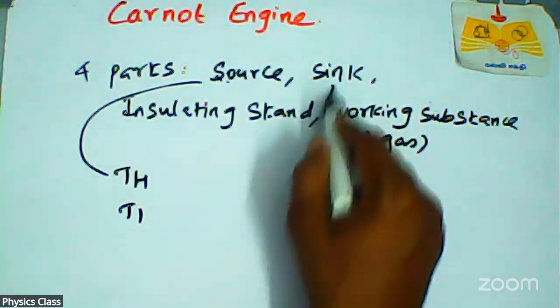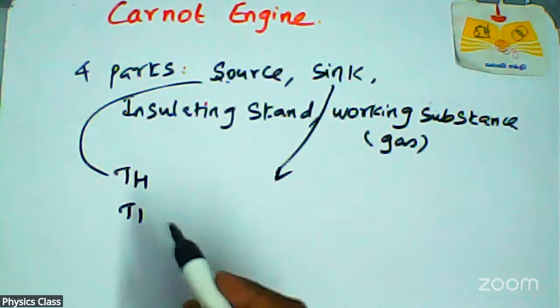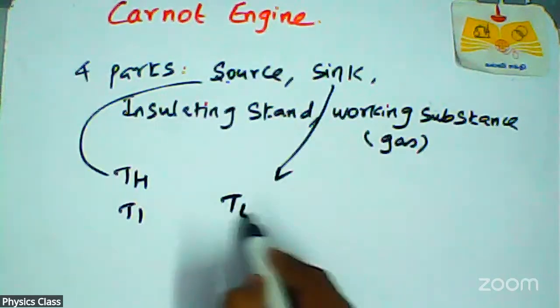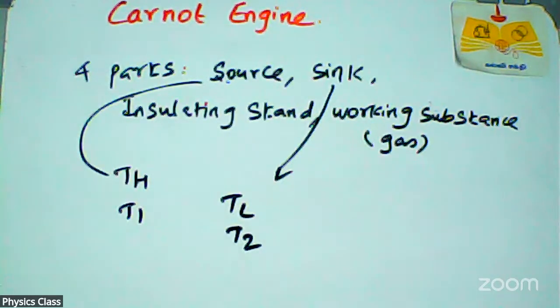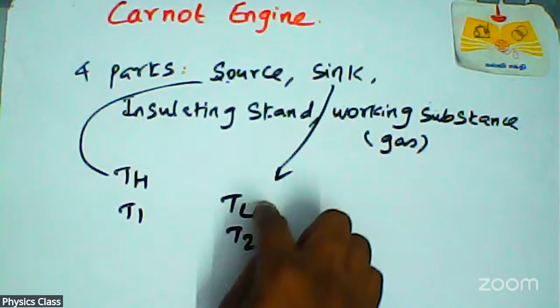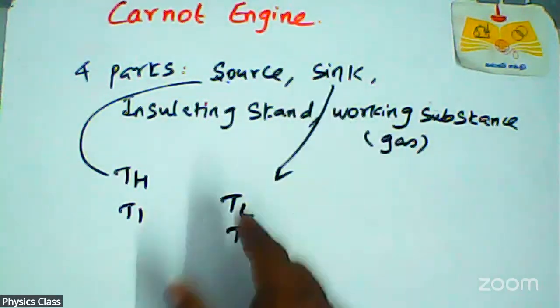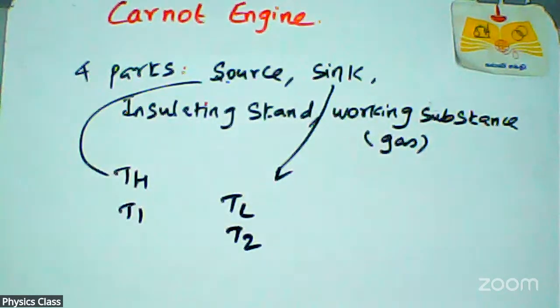Sink: it is a cold reservoir, a cold body maintained at a constant low temperature, that is TL or T2. What is the role of the sink or cold reservoir? It can absorb any amount of heat.